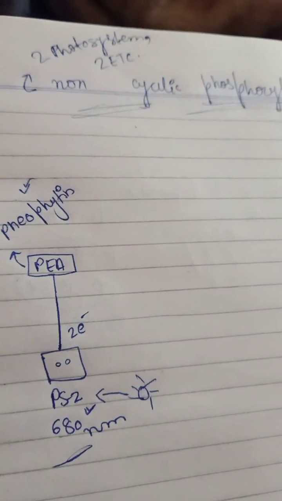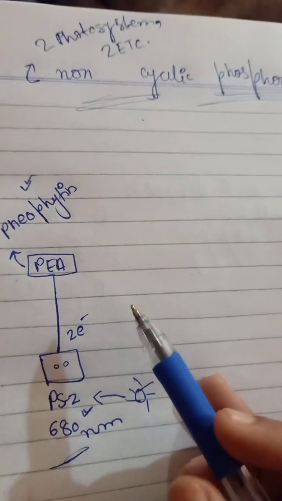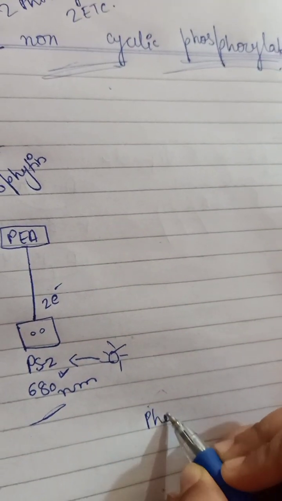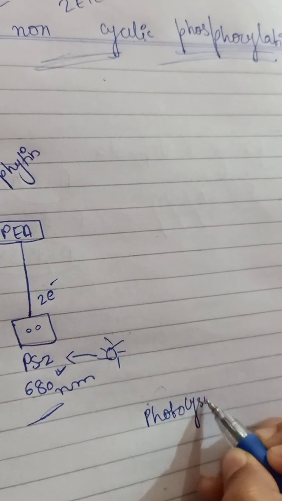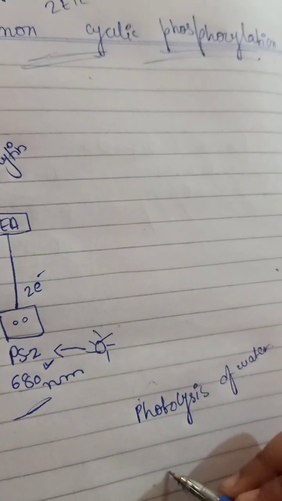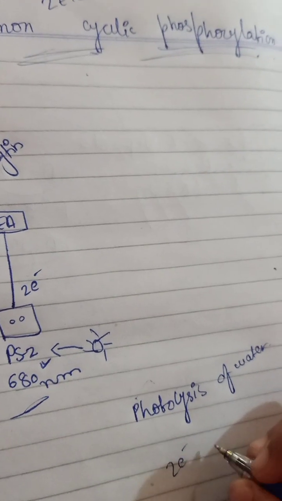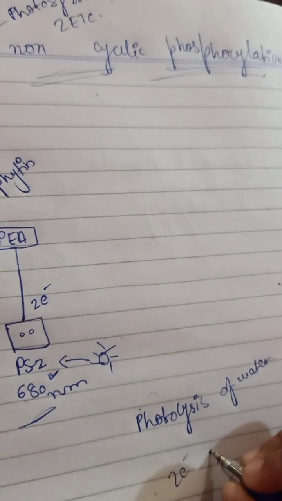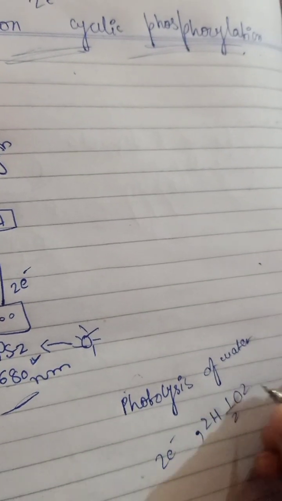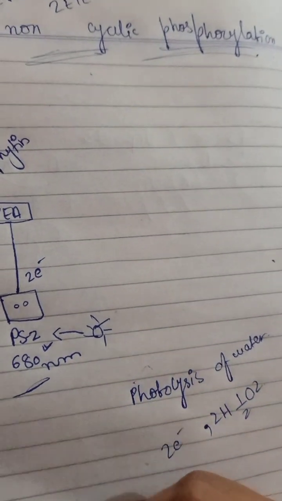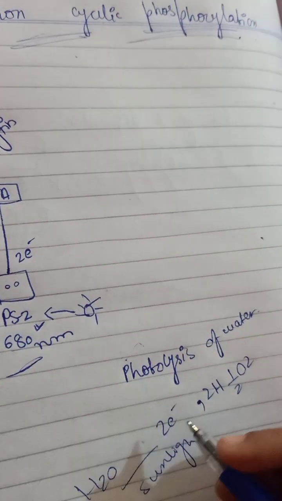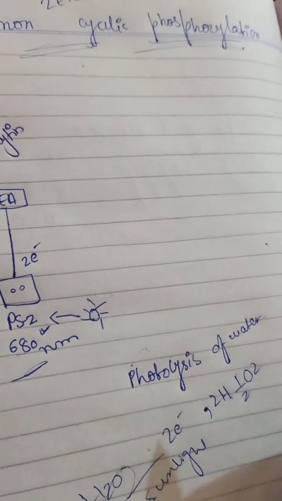In step 2, the photolysis of water occurs. Just recall what photolysis of water is: the breakdown of water into two electrons, two hydrogen ions, and half an oxygen.